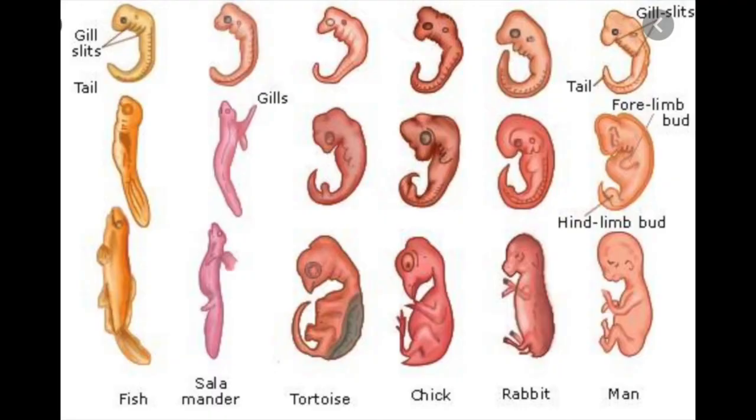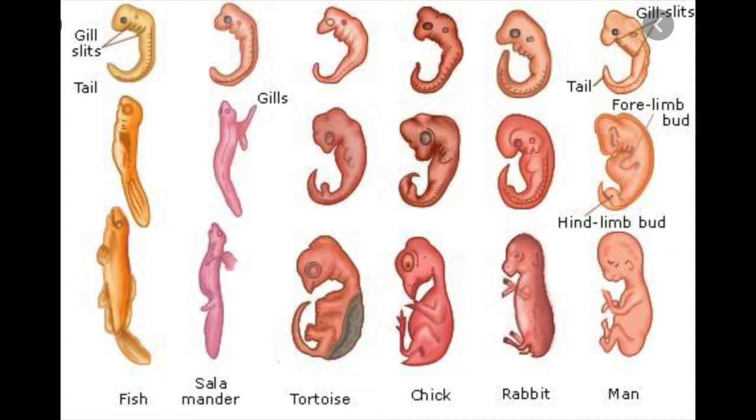And so you can look at structures of embryos as they develop at different stages of development. So if you look at the picture that I put for you now, there's several different organisms: fish, salamander, tortoise, a chick, a rabbit, and a human. Okay, and if you look at the pictures at the top, they all look pretty similar.